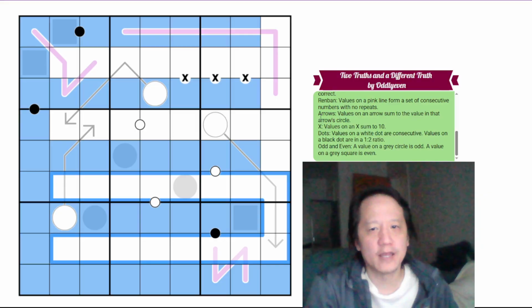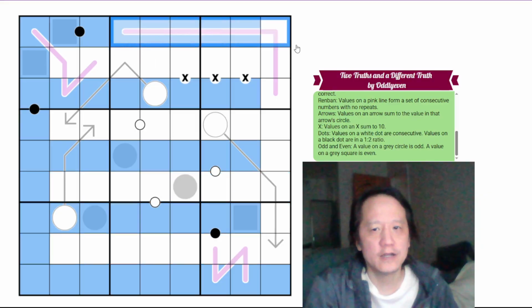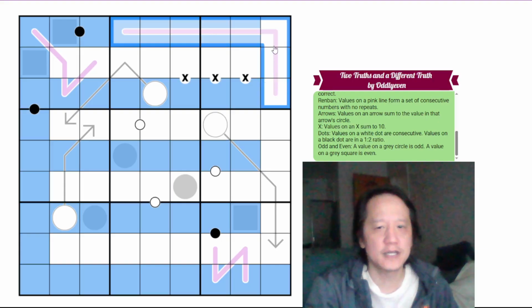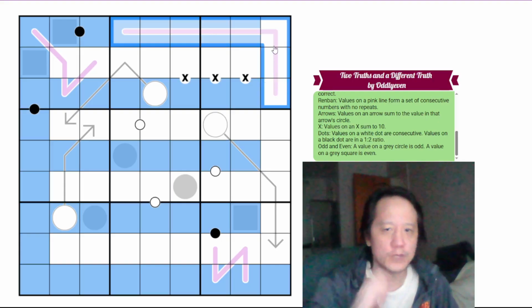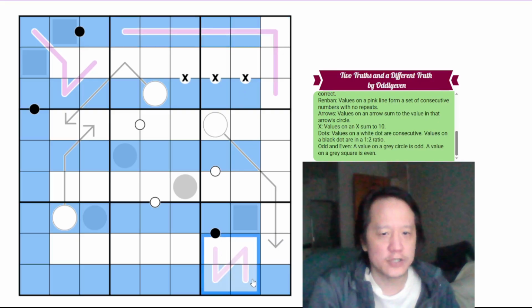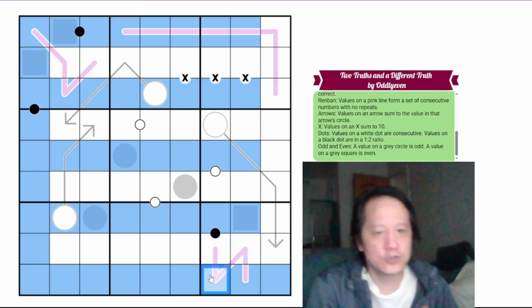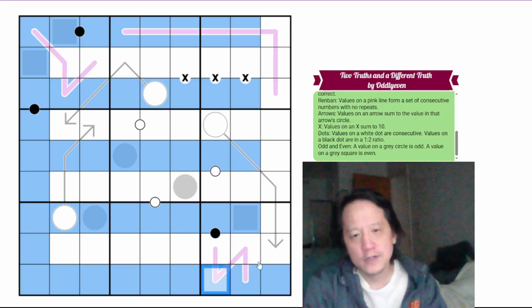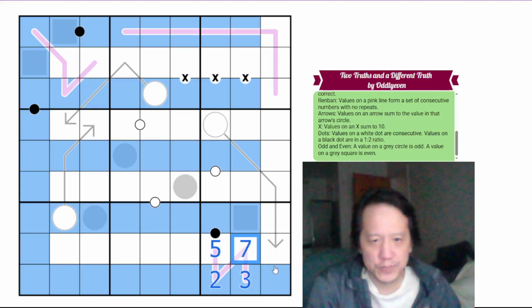On a Renban, values on the pink line form a set of consecutive numbers with no repeats. So, for example, say this was the actual shading here. Then this could be something like 2 and 3 and 5 and 7 here.